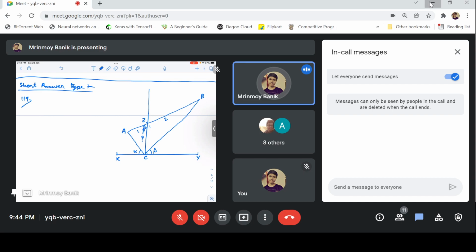Let's divide by cos theta now. So tan theta, cos beta, cos alpha, tan theta sin alpha.